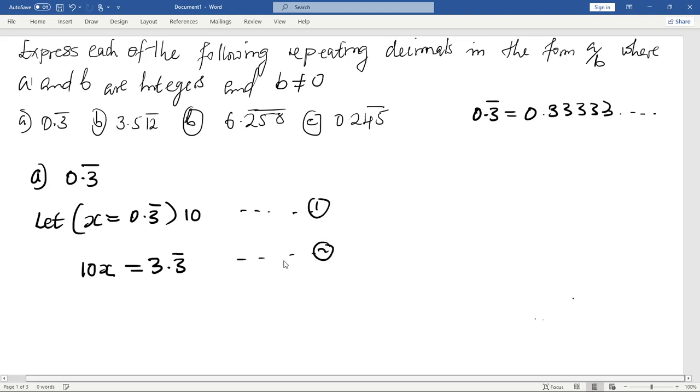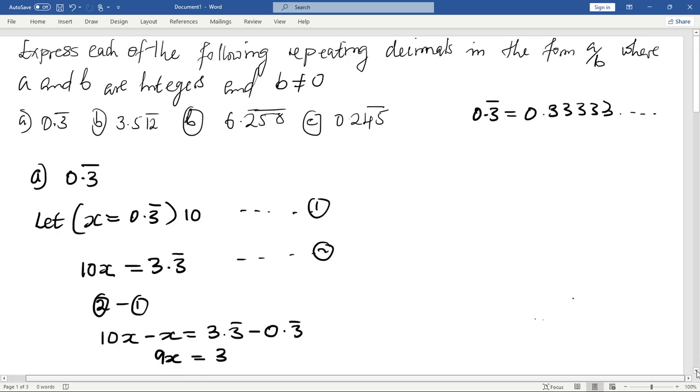If we say equation 2 minus equation 1, we have 10x minus x equal to 3.3 bar minus 0.3 bar. So then we simply have 9x is equal to 3.